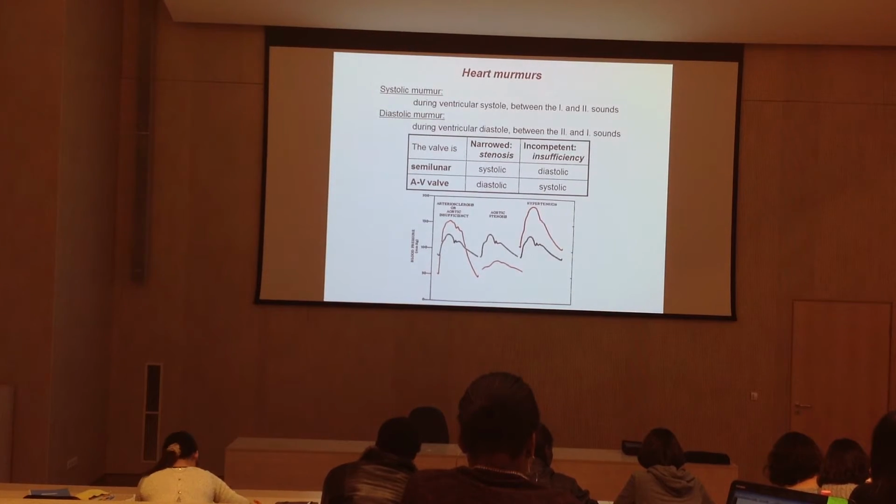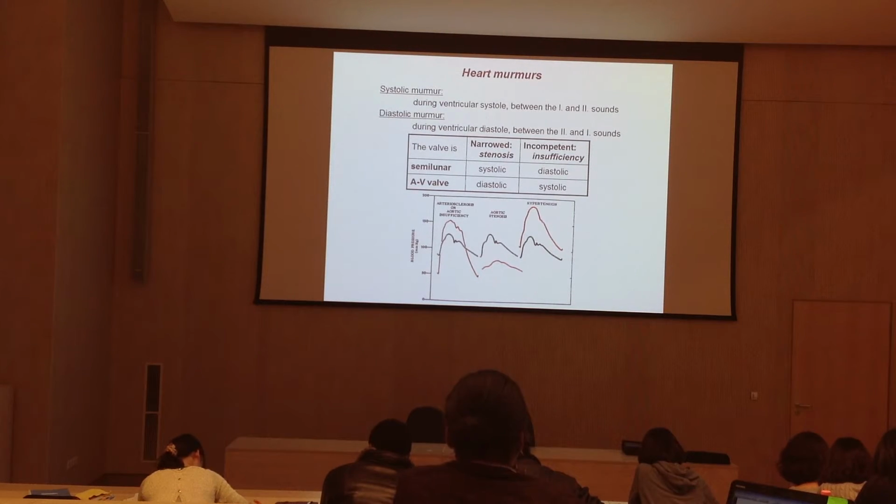Therefore, the heart has to use a larger force to eject the same volume of the blood. But because this valve is stenotic, the ejection is much less. There is a turbulent flow.